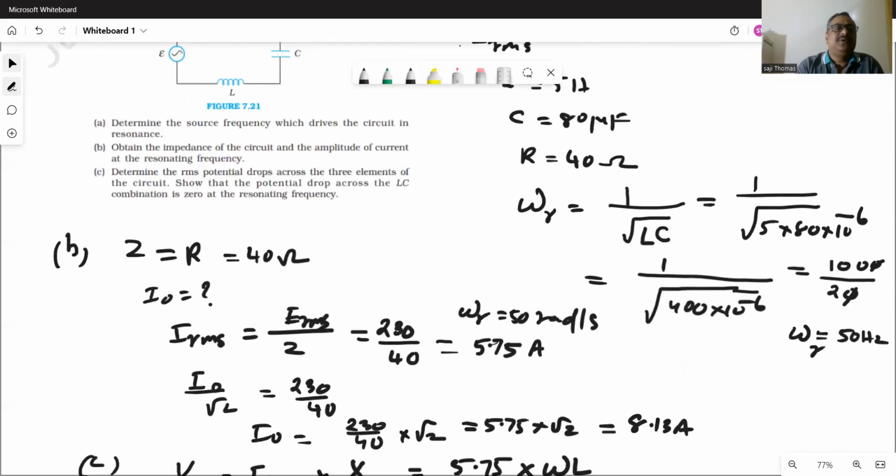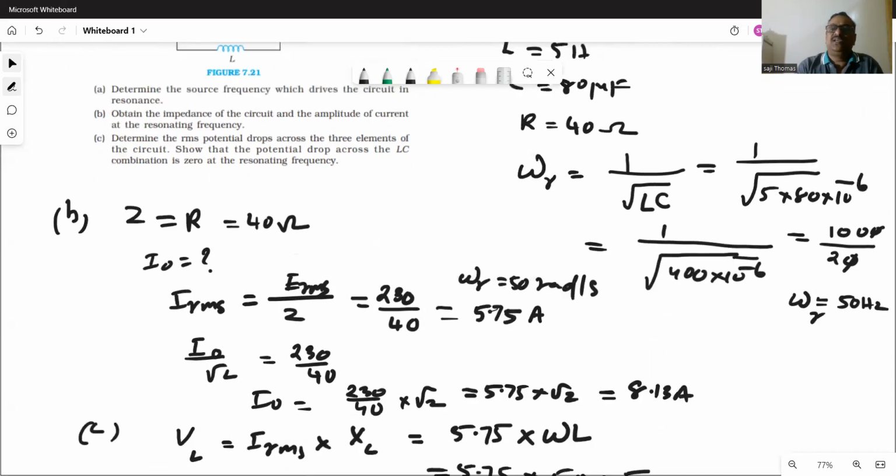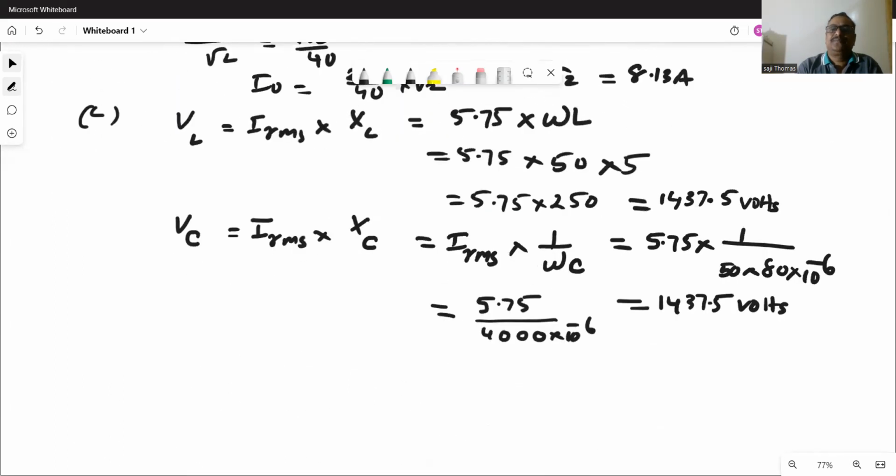Then you have to find the voltage across the resistor. What is VR? What is the equation? IRMS into R. IRMS is 5.75 into R, which was given as 40 ohm, right?